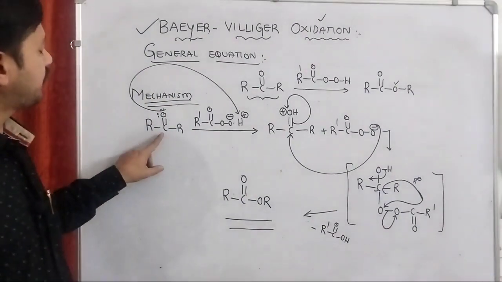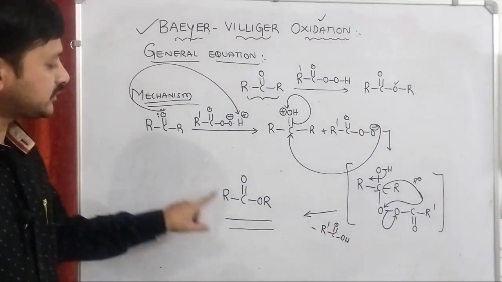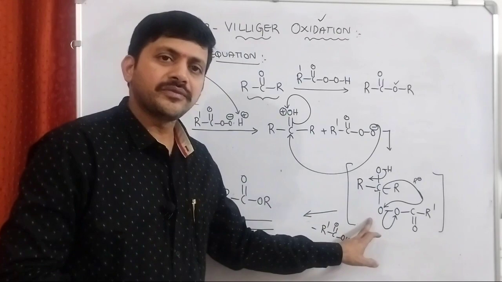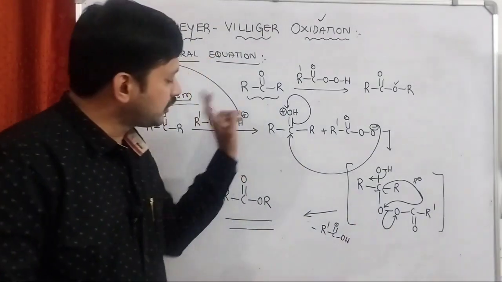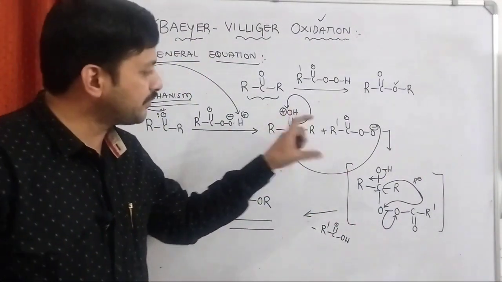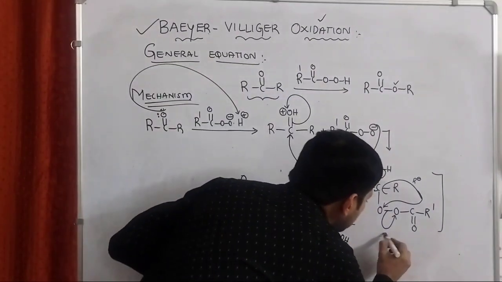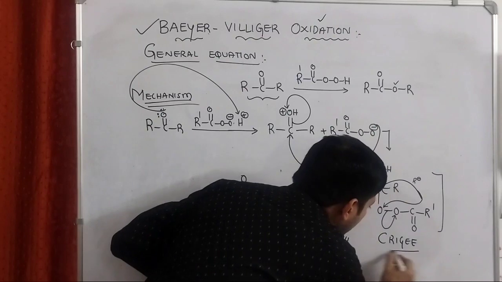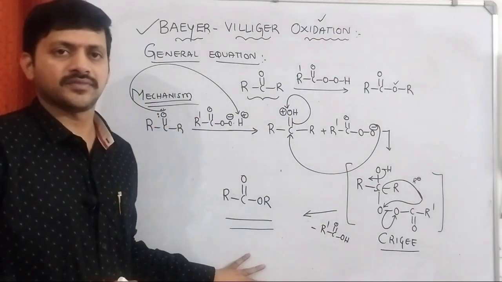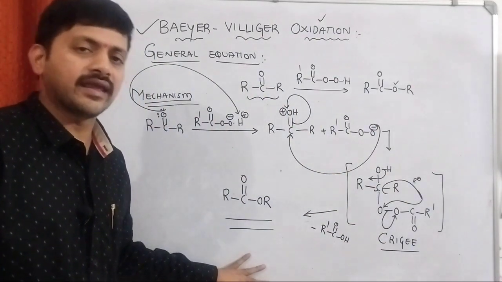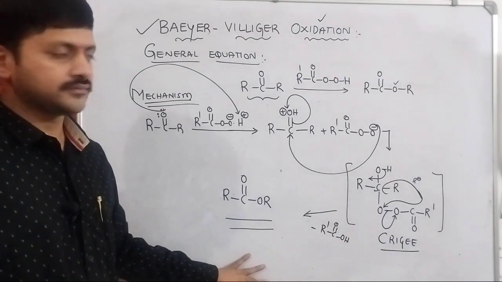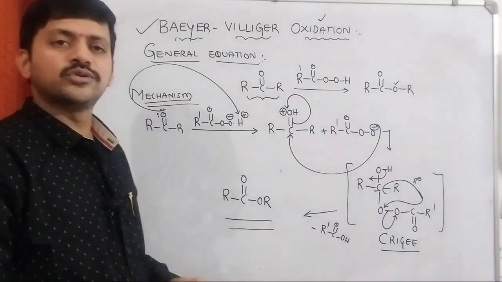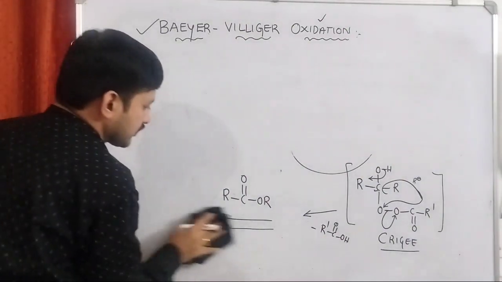In this way, we can convert the ketones into the corresponding esters. This intermediate is very important during the mechanism. The name of this particular intermediate is Criegee intermediate. So in this way, we can transfer the ketones to esters.